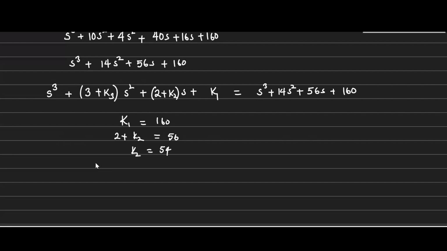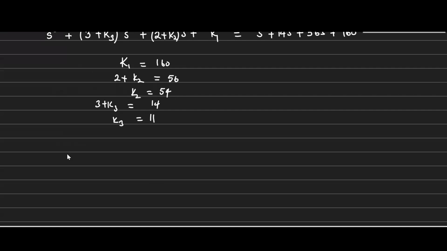And then 3 plus K3 should be equal to 14, so K3 is equal to 11, okay? Therefore, our feedback gain matrix K is K1, K2, K3: K1 is 160, K2 is 54, and K3 is simply 11.